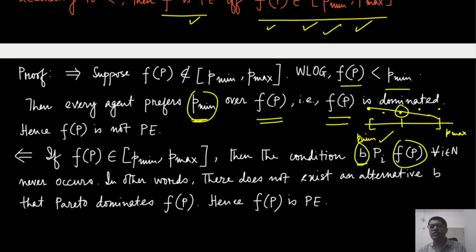You cannot find one specific alternative, as was possible in the previous case, which dominates this outcome for all the players. So this domination is not possible. If Pareto domination is not possible, then the if condition of Pareto efficiency is satisfied vacuously, and therefore this social choice function F(P) is going to be Pareto efficient.